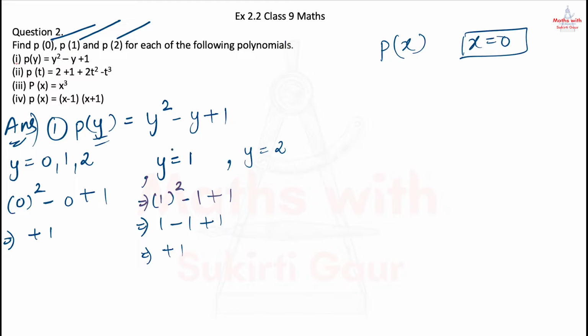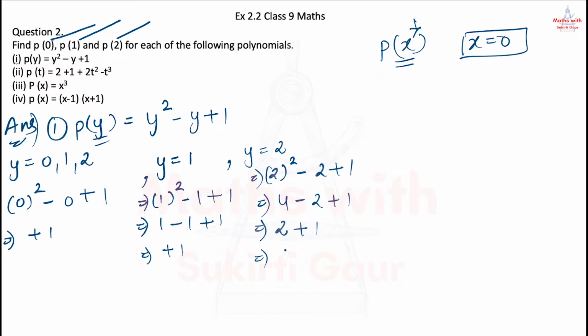So I am taking the values of y. Y equals to 2, we have 2 square minus 2 plus 1. It will give us 2 square 4 minus 2 plus 1. 4 minus 2 will be 2, plus 1 will get 3. So first part, taking all these three values, is completed.